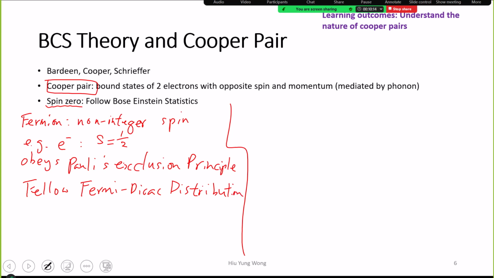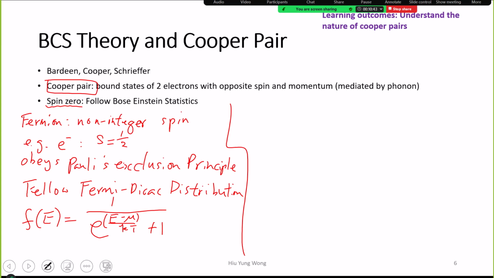You all know that electrons follow Fermi-Dirac statistics. So you have different energy levels. The probability of the electron to occupy energy E equals 1 over e to the power of (E minus mu) divided by kT, plus 1.